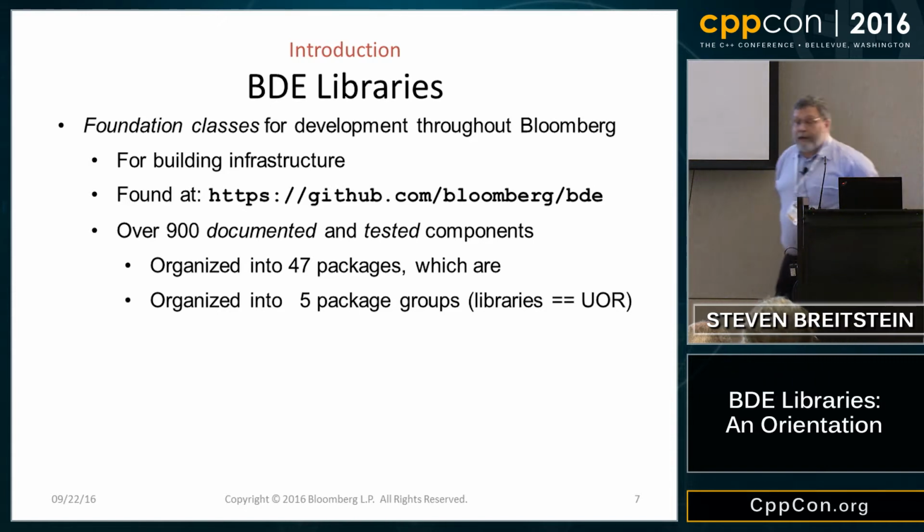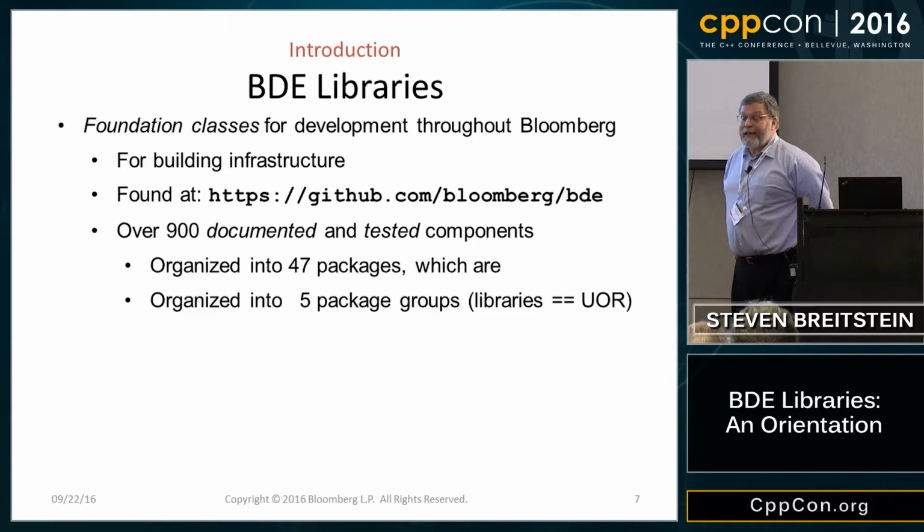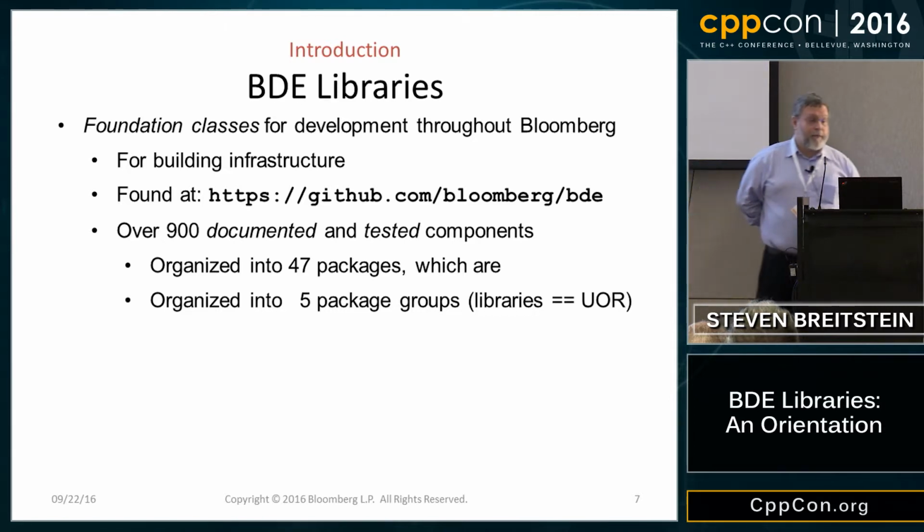You can find it at that GitHub link. It is currently about 900 documented and tested components, organized into 47 packages and 5 package groups, where a package group gets released as a library, something we call a unit of release, UOR.